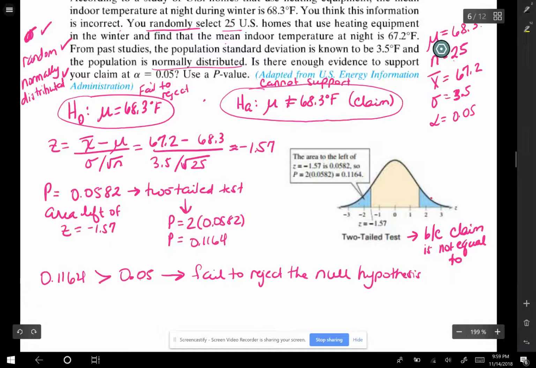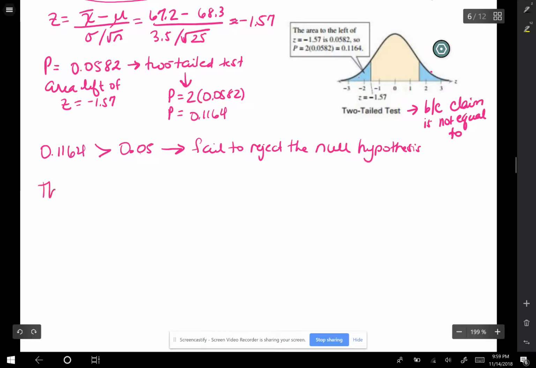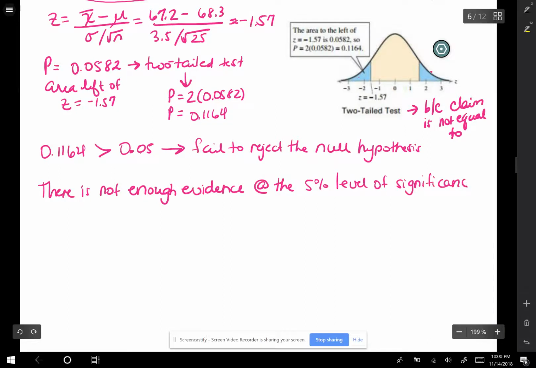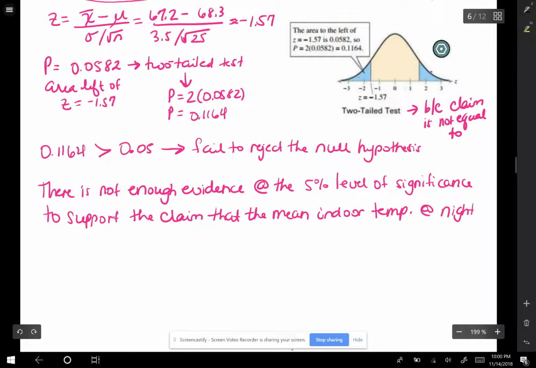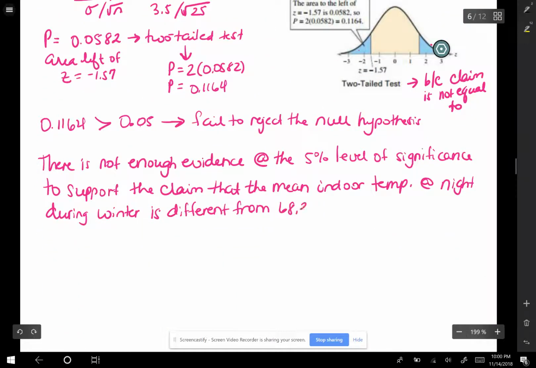So the way you would interpret this then would be, there is not enough evidence at the 5% level of significance on this one to support our claim that the mean indoor temperature at night during the winter is different from or not equal to the claim of 68.3 degrees Fahrenheit.